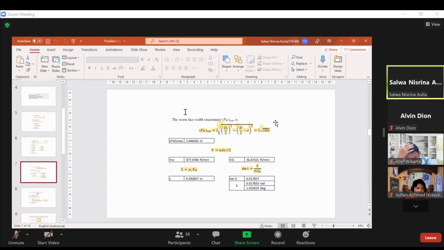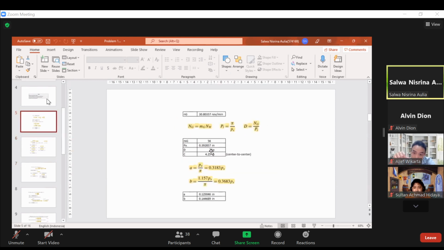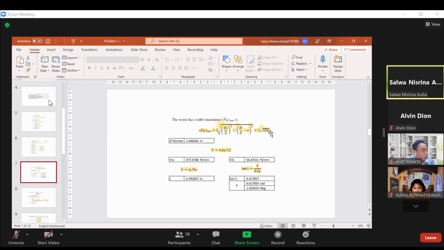The next is you need to calculate the worm face width maximum with this equation. From here, we can get the diameter of gear and the addendum. Input the diameter of gear and addendum in here.